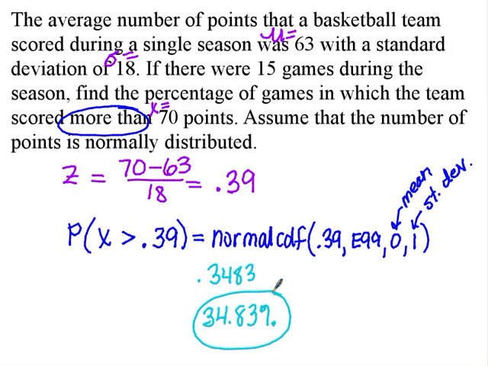Real quick, what would be the percentage of games in which you scored less than 70? The percentage less than 70 points would be 65.17, because remember, the total percentage is 1.